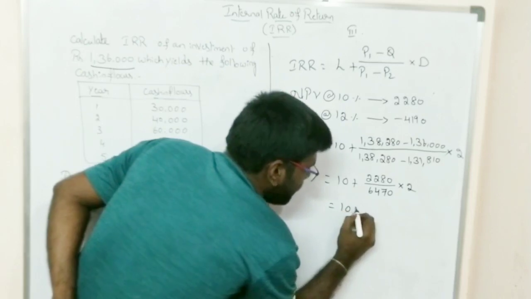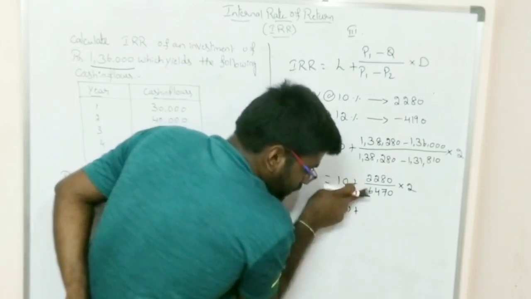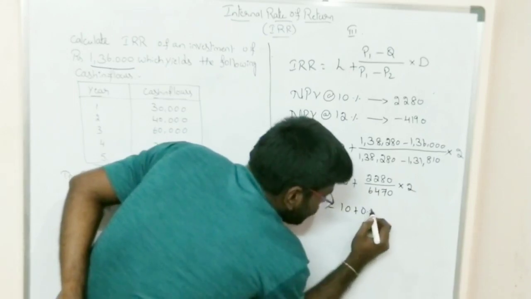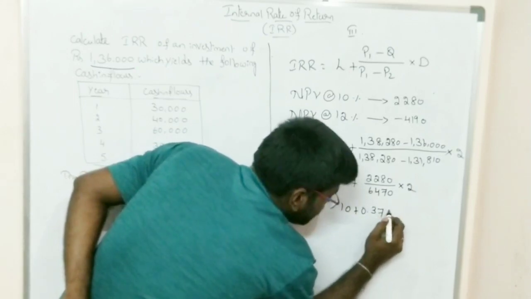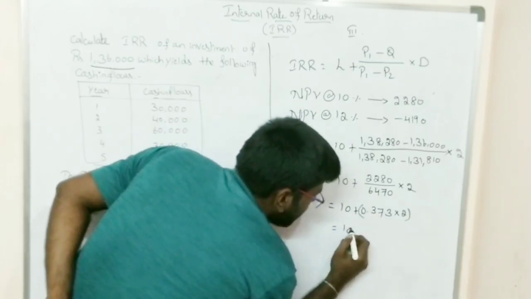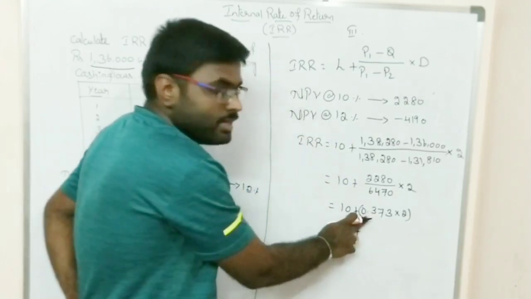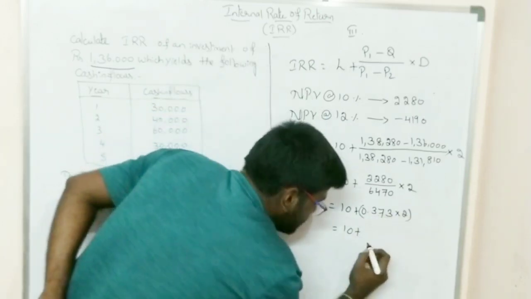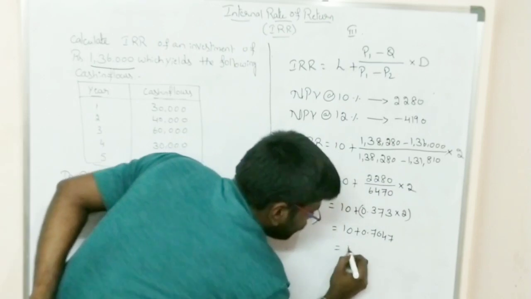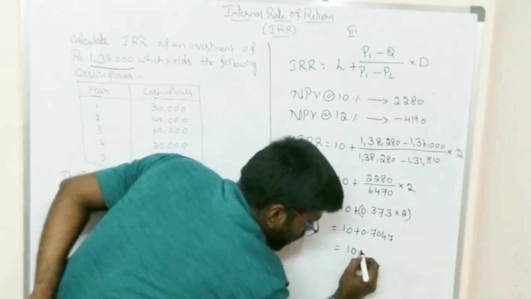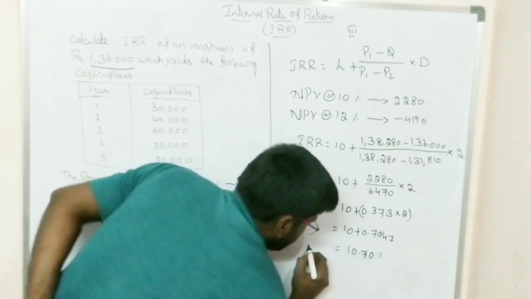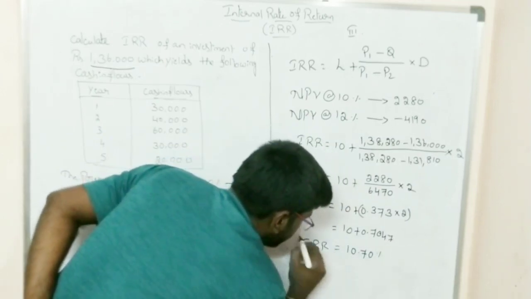Now 10 plus 2,280 divided by 6,470 gives 0.373, into 2. So 10 plus 0.373 into 2 gives 0.7047. If you add that, 10.70 will be your internal rate of return.